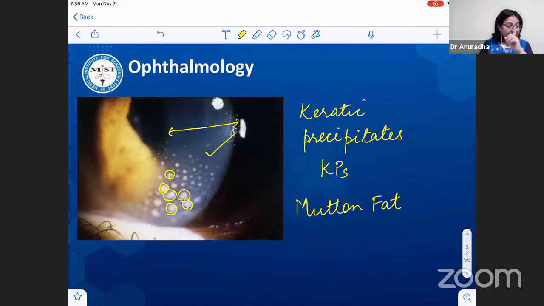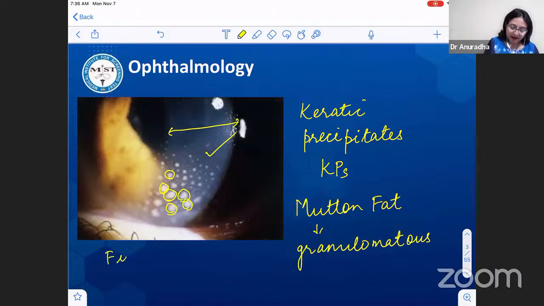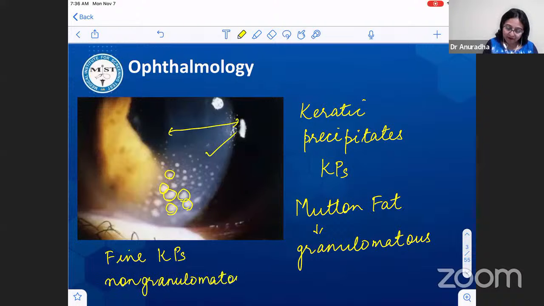The mutton fat KPs, the big-sized KPs, are a feature of granulomatous type of uveitis, granulomatous inflammation. The second type can be fine or small-sized KPs, which are seen in non-granulomatous inflammation. So this is all about KPs.